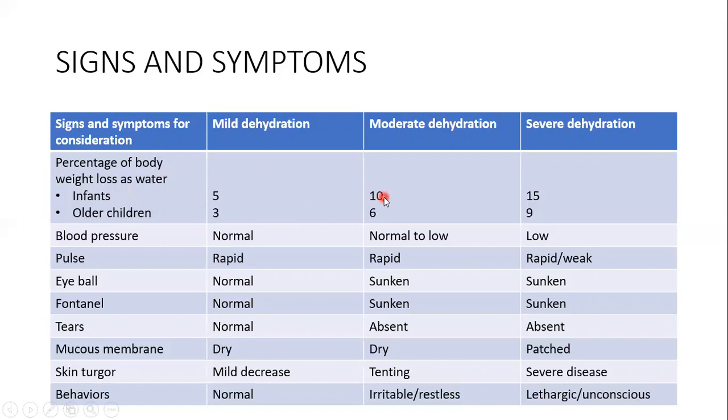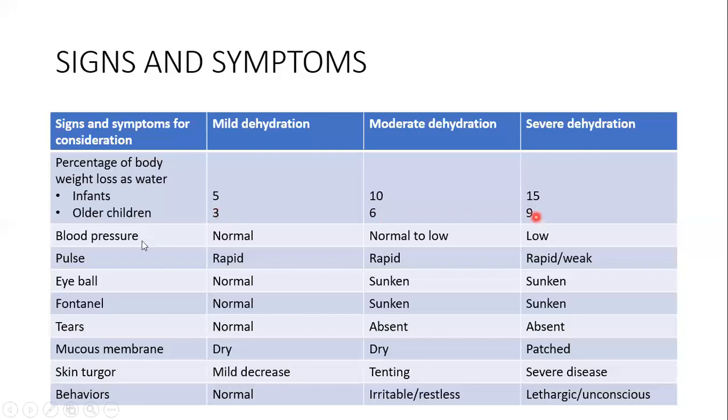In moderate dehydration, infants lose 10% of body fluid, while in severe dehydration, infants lose about 15% of fluids. In older children and adults, mild dehydration is a loss of about 3%, moderate 6%, and severe 9%.